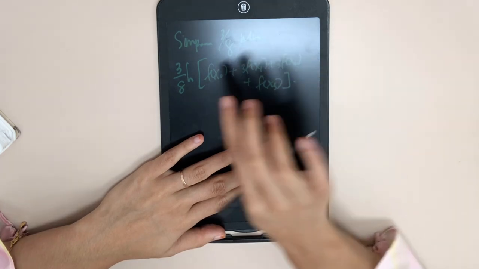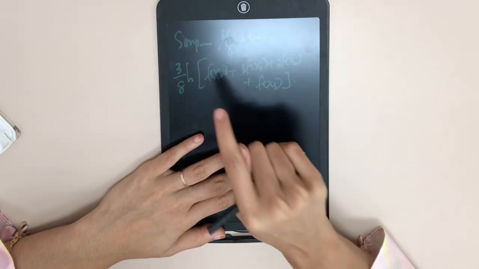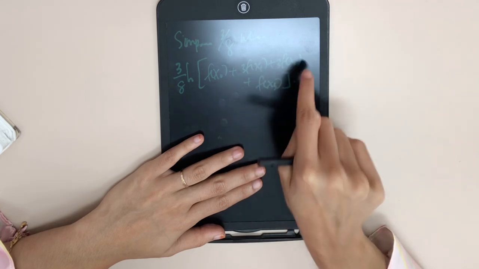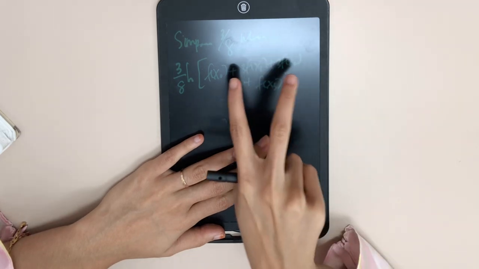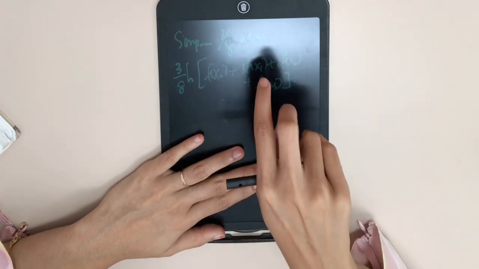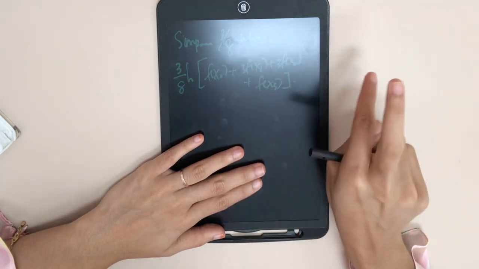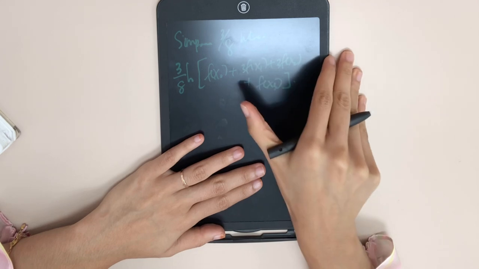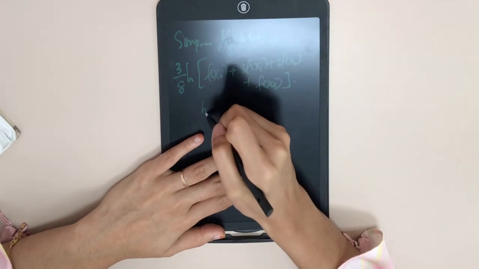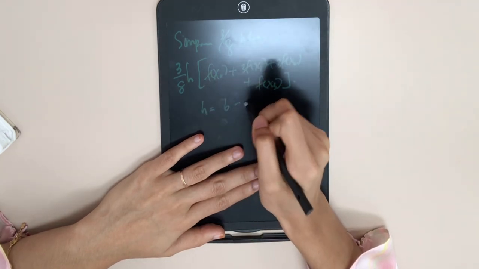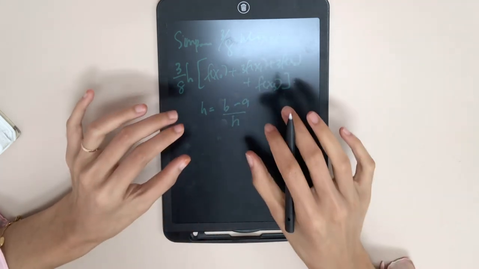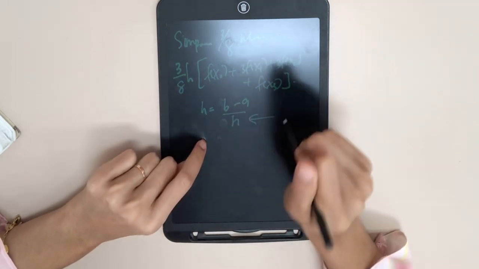There are only 4 terms inside here. Between f(x0) and f(x3) there are 2 other points, f(x1) and f(x2), and they are multiplied by 3. Your h will be b minus a over n, still the same, but your n now is 3.